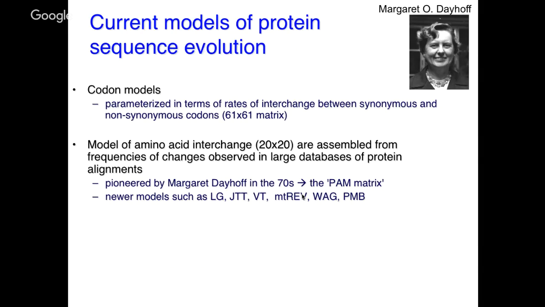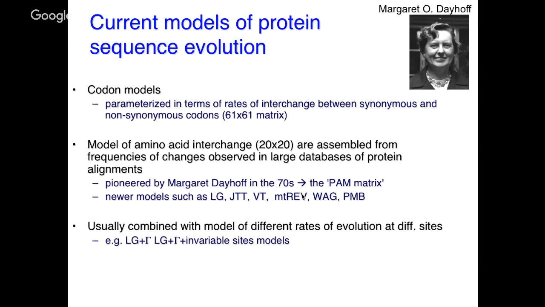So these protein models are often combined with some kind of rates-across-sites distribution. As Eric alluded to, Ziheng Yang brought in the use of mixture models in the case of applying a discretized version of the gamma distribution to different rates at different sites in proteins. So the LG plus gamma or LG plus variable sites models are there to deal with different rates at different sites.